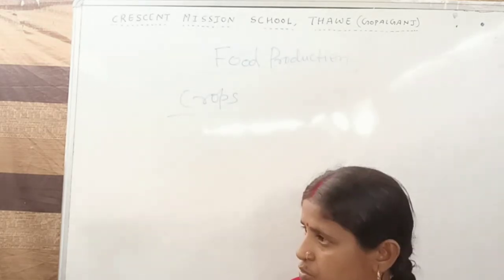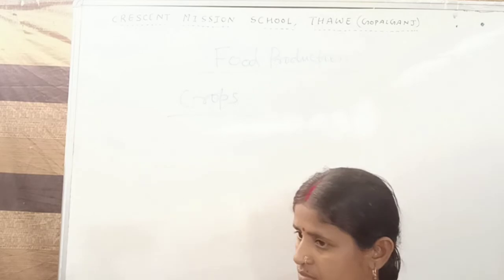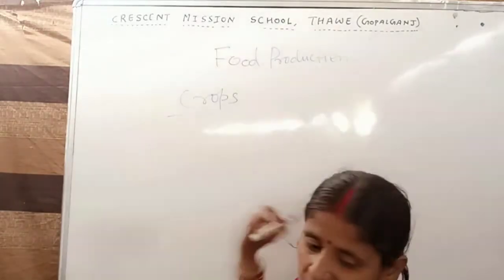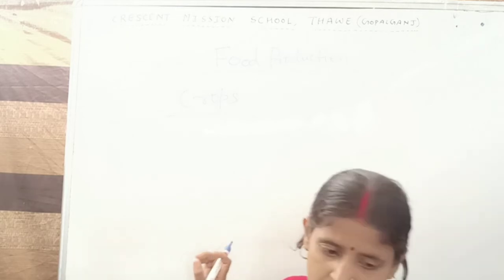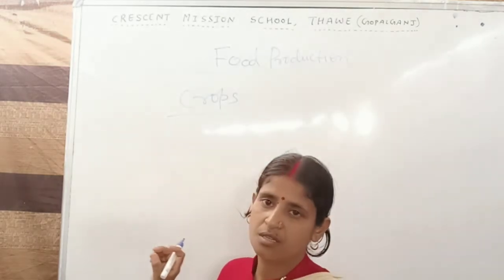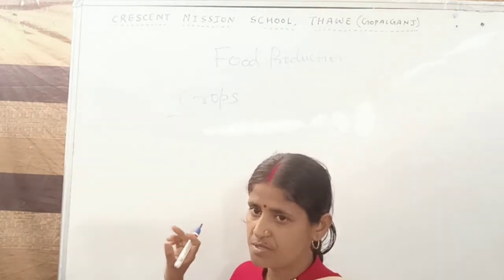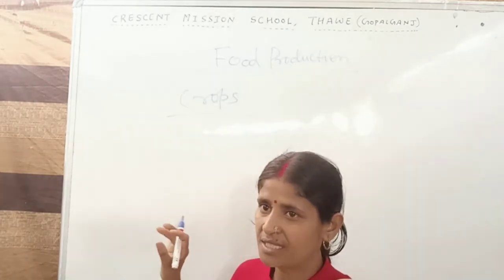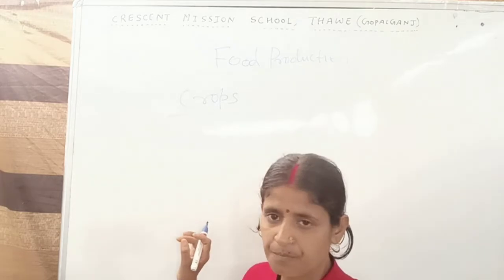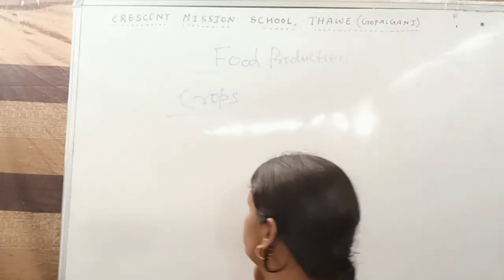So today we learned what agriculture is, what crops are, what food crops and cash crops are, how many crop seasons there are in India, and what the methods are to produce the crop.